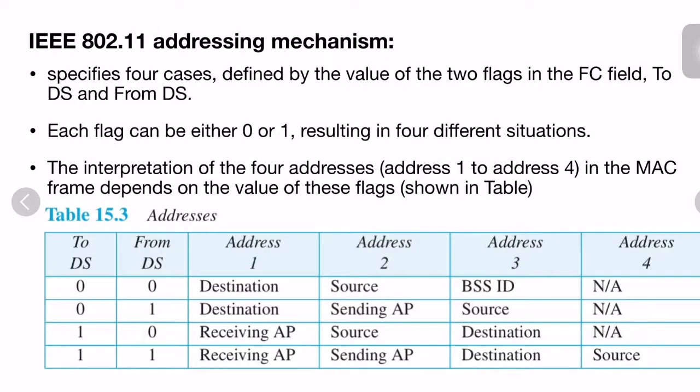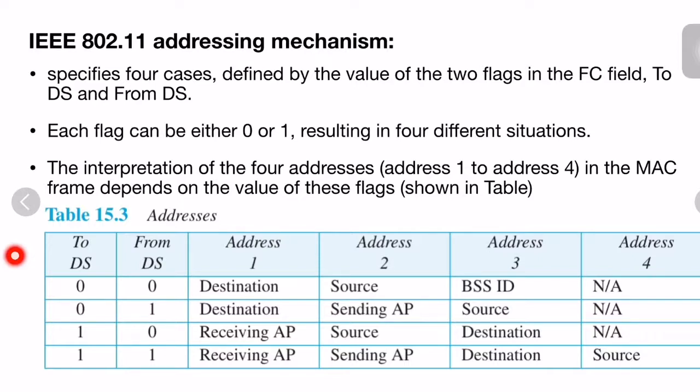In addressing mechanism, let us concentrate on to DS and from DS. There are totally 4 types of addressing. Here you can see 00: address 1 denotes the destination address, address 2 denotes the source address, and address 3 for BSS ID, and address 4 is not applicable if it is 00.